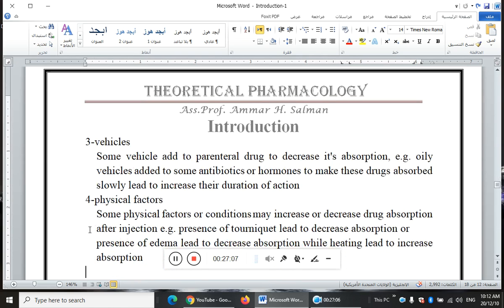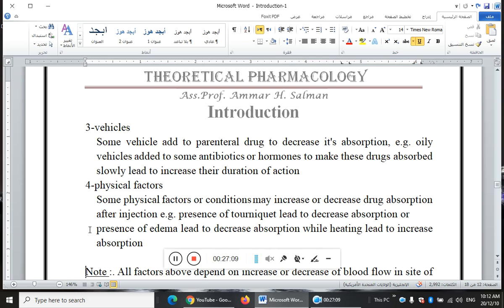The third factor is vehicles. Some vehicles are added to parenteral drugs to decrease their absorption. Example: an oily vehicle added to some antibiotics or hormones to make the drug absorbed slowly, leading to an increase in their duration of action. So some vehicles may be used to decrease the absorption from the site of administration.